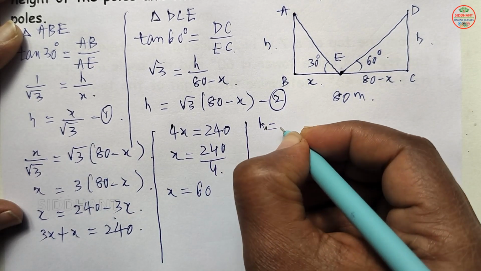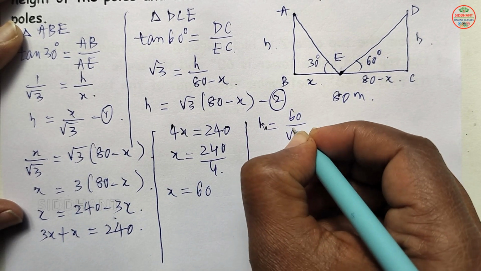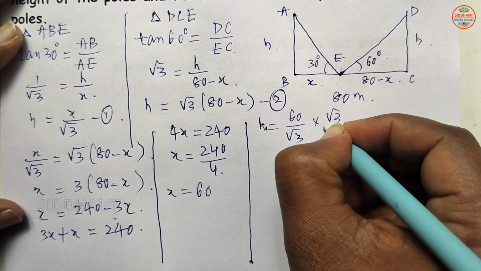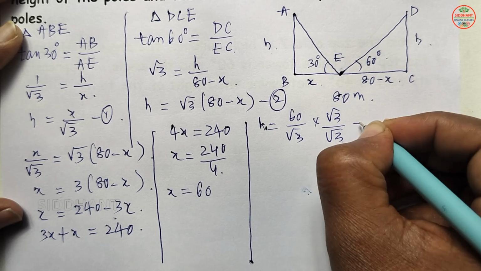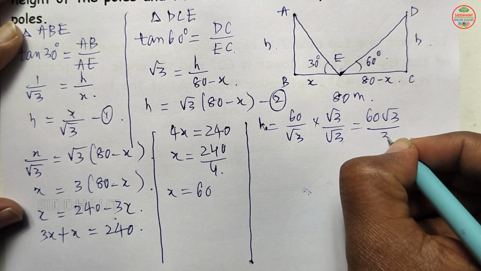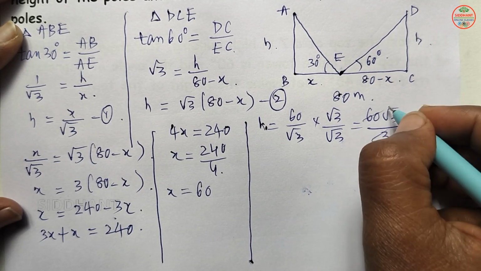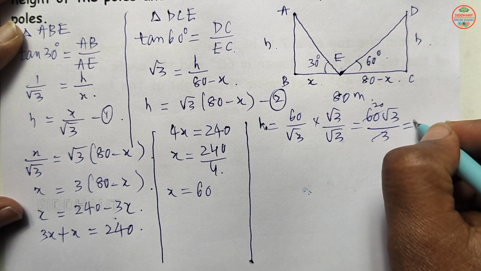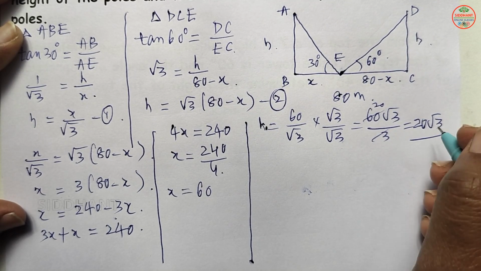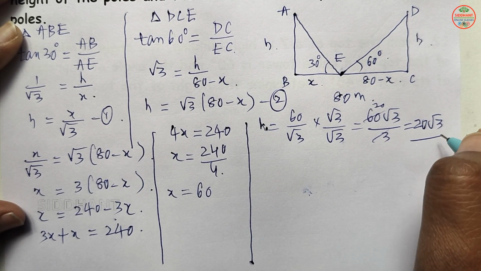So H equals 60 by root 3. Multiplying by root 3 by root 3, we get 60 root 3 by 3. So we get 20 root 3. So the height of the pole is 20 root 3.